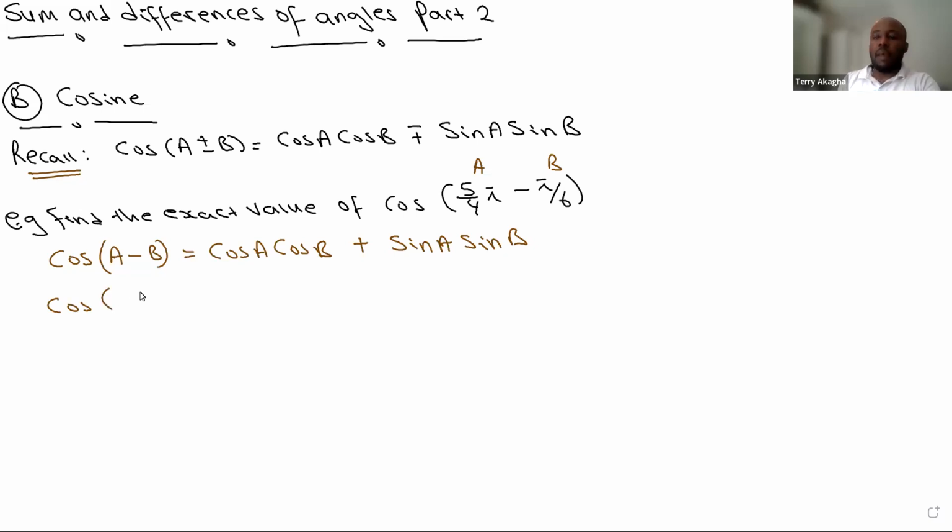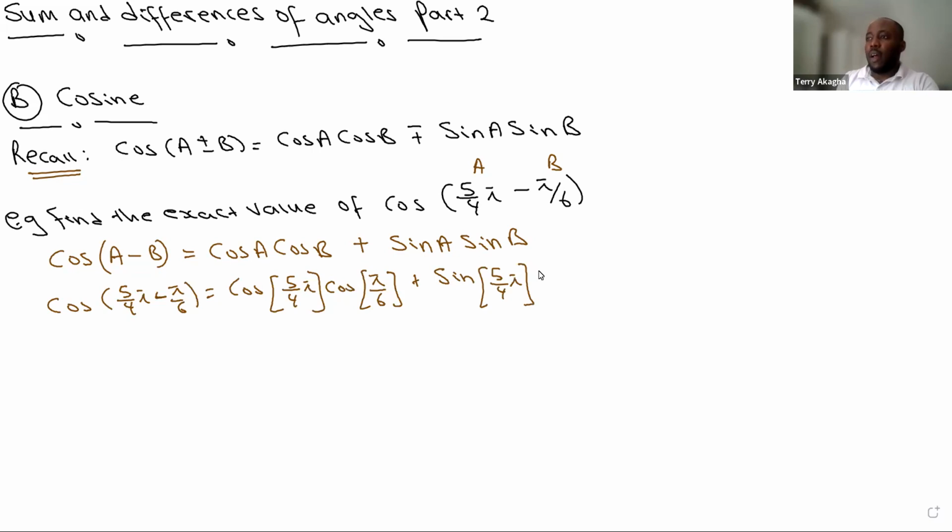So we substitute it. That will be cos(5/4 pi minus pi/6) equal to cos 5/4 pi cos pi/6 plus sine 5/4 pi sine pi/6. Cos 5/4 pi gives minus root 2 over 2.